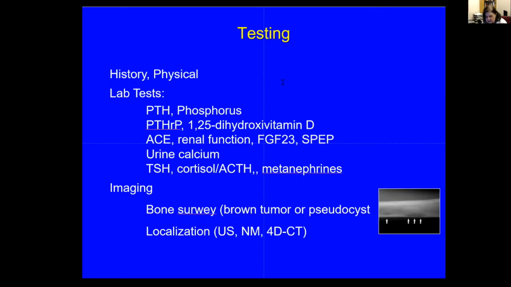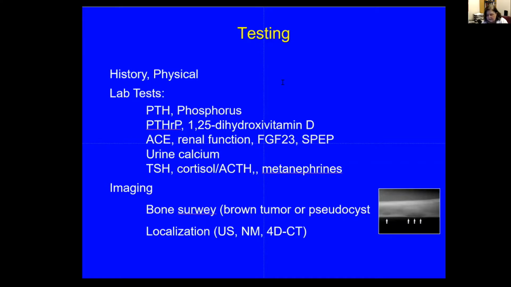So I took history. I do the physical exam. Most characteristically, hyperparathyroid patients have tenderness at the forearm, two-thirds up, and other PTH-independent hypercalcemia patients don't have this.